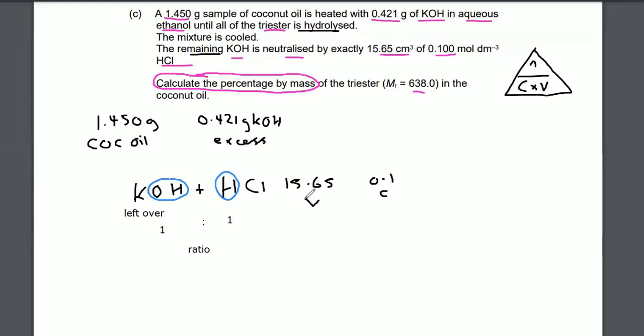So anyway, let's work out the moles of HCl, and in fact we're working out the moles of KOH that were left over. So we're going to use n over CV, which you should know from your triangle. And we're going to do 15.65 divided by 1,000 times 0.1.